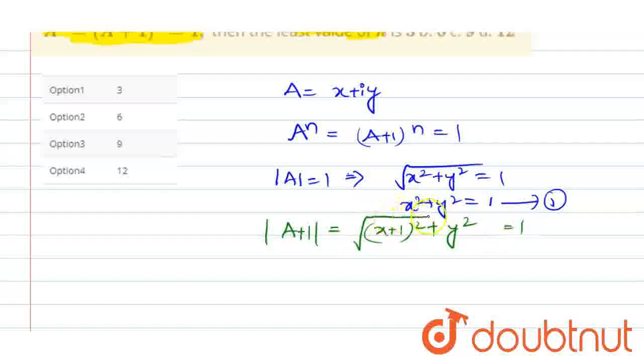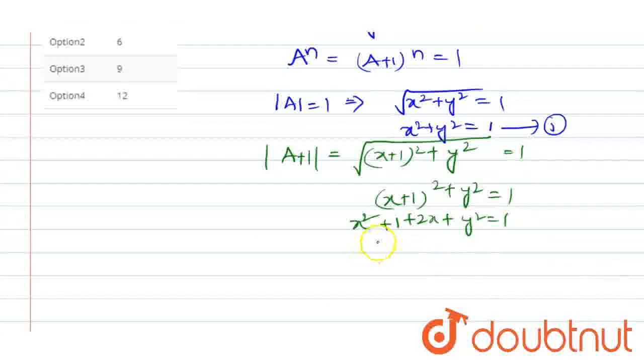Squaring on both sides, we get (x plus 1) whole square plus y square equals 1. Using the (a plus b) whole square formula, we get x square plus 1 plus 2x plus y square equals 1. Since x square plus y square is equal to 1, in place of x square plus y square we get 1. So 1 plus 2 x equals 1, so 2x equals minus 1, and x equals minus 1 by 2.